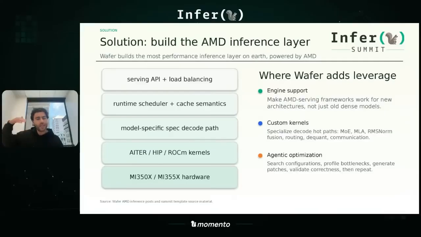Once you write very custom kernels, the thing you do on top is model-specific decode paths. What this means is a spec decode path. It's basically training a small model to predict the outputs of the big model. It's a common technique used now in basically every frontier LLM, where you have the small model do, let's say, 3 token prediction, and then the big model will just verify the tokens that it would have predicted.